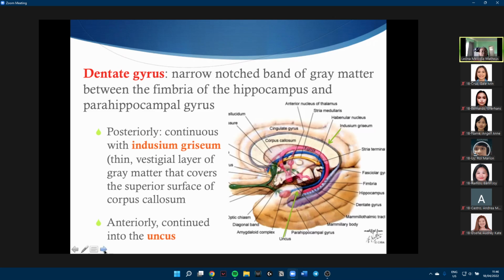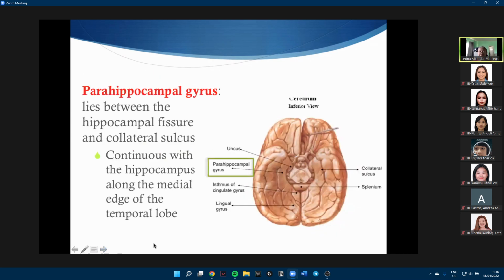Now, lastly, we speak of the parahippocampal gyrus. This is it. That's the parahippocampal gyrus. Again, we find it between the hippocampal fissure over here and the collateral sulcus here. So that's the location of your parahippocampal gyrus.